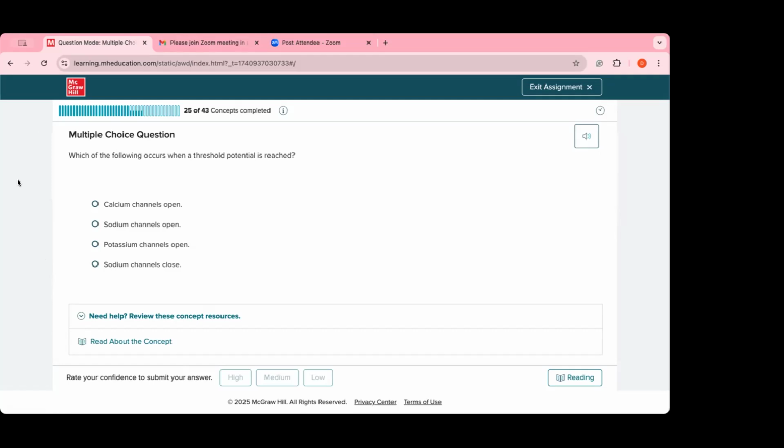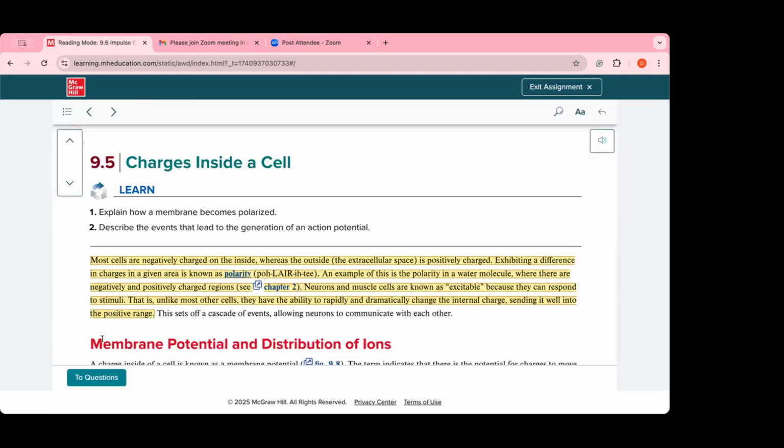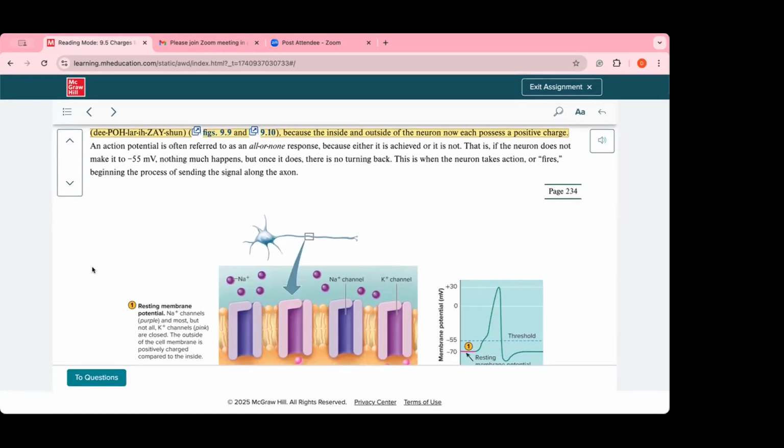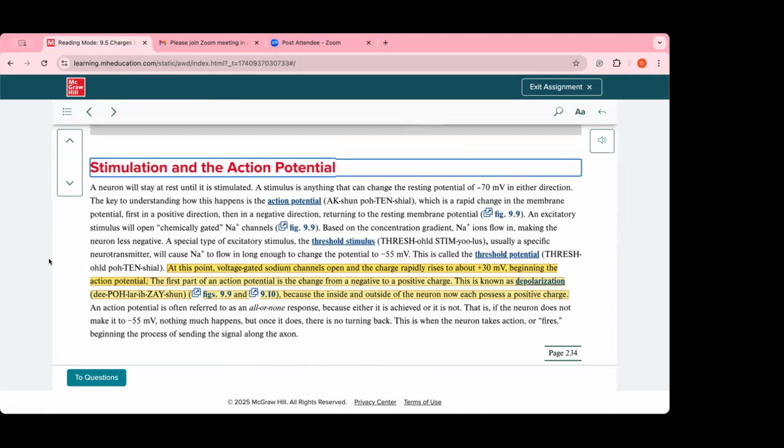I believe that's sodium channels open, because we read about that. At this point, sodium channels open because the threshold stimulus is reached, and then gated sodium channels open, and the charge rises to about negative 30 millivolts. Yeah, we did read that. So sodium channels open at that point.